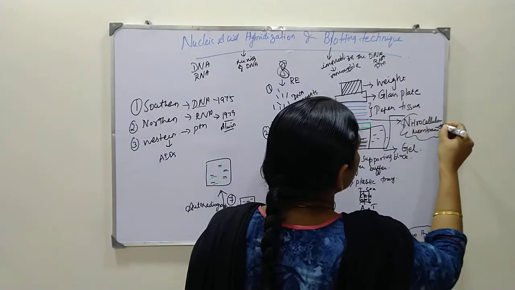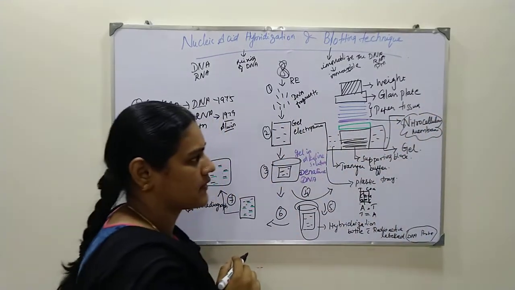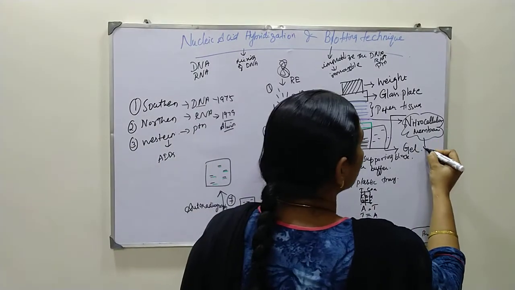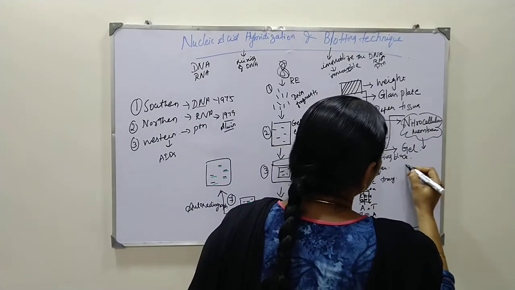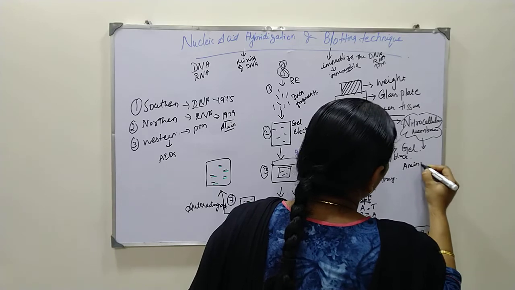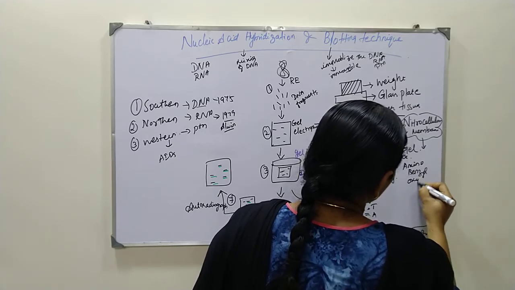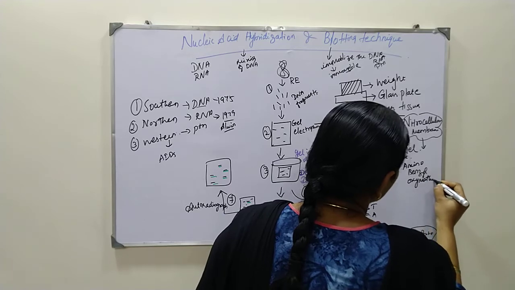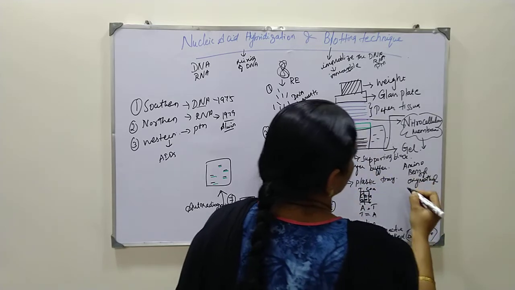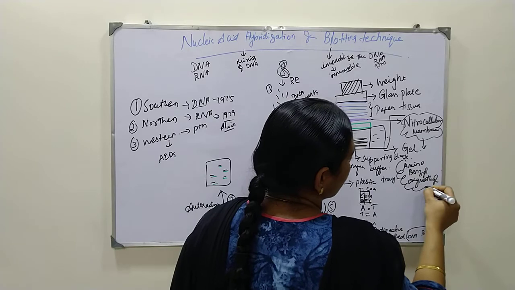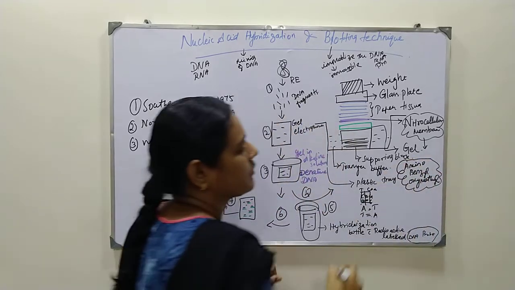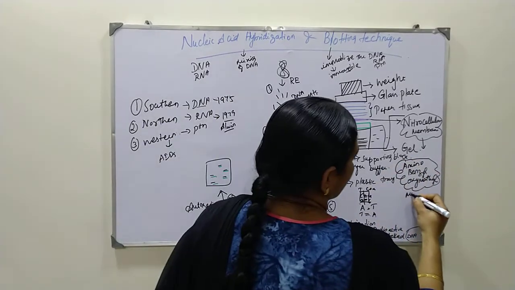But in northern blotting, instead of this, we use an aminobenzyloxymethyl membrane.